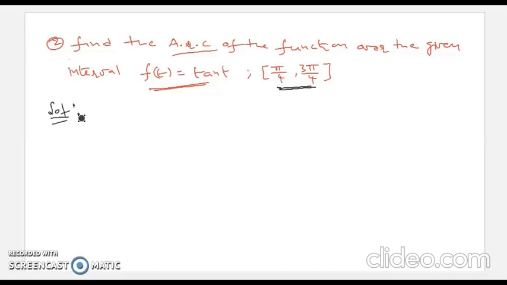Here we are going to write the formula for the average rate of change on the given interval. ARC is equal to, yes, we know, f of b minus f of a by b minus a.